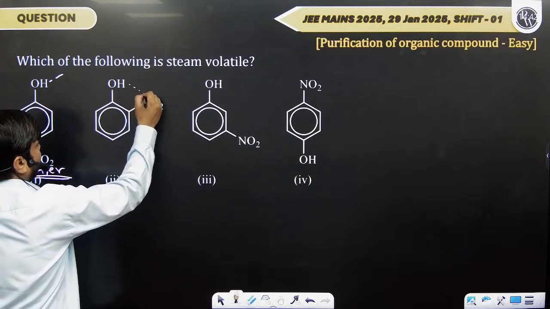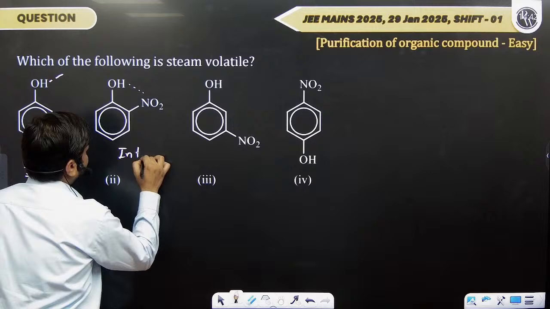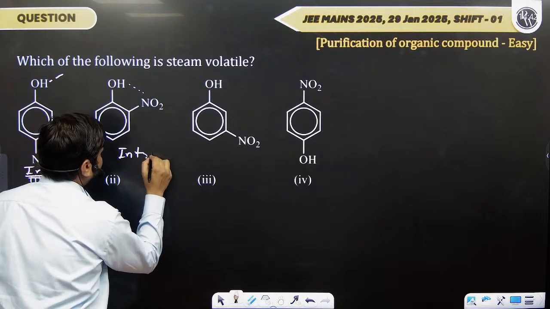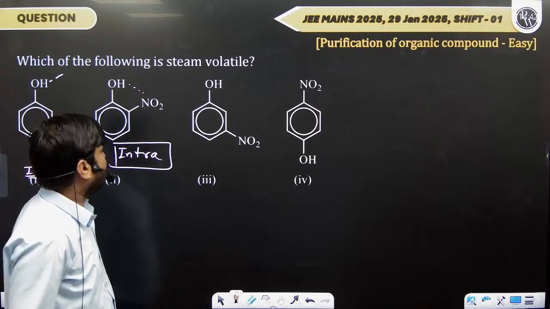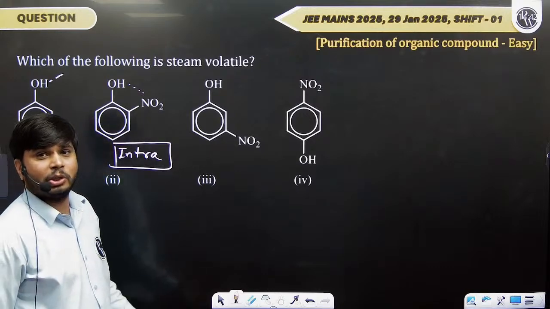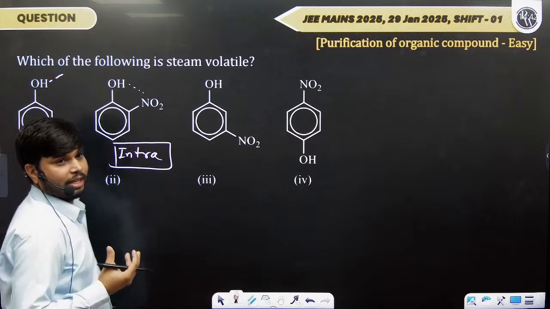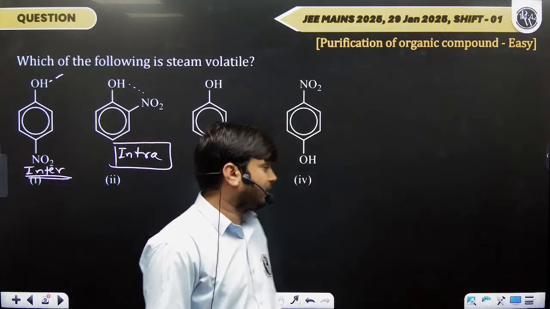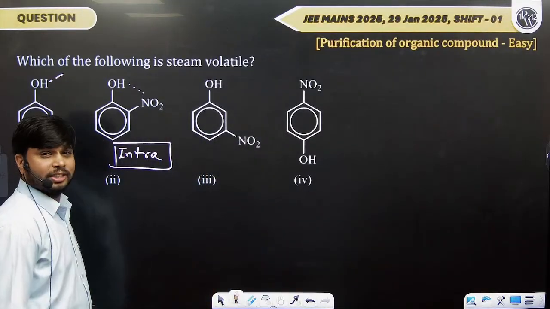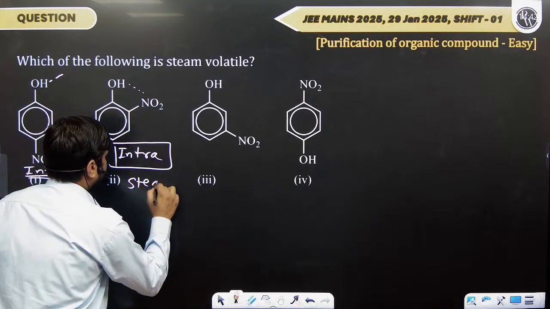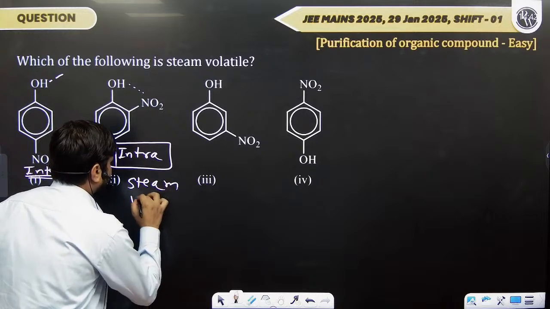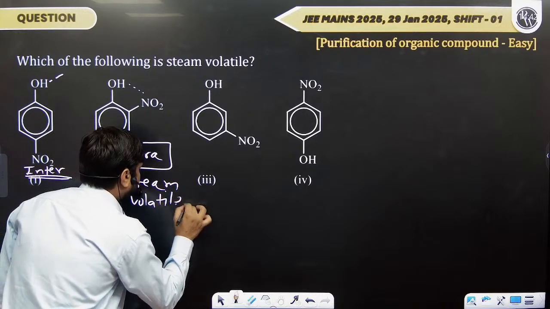The next compound is containing not inter, but intramolecular hydrogen bonding. That's why the bond strength between the molecules is very less. In between the molecules, the force of attraction is very less. So this compound will be steam volatile.